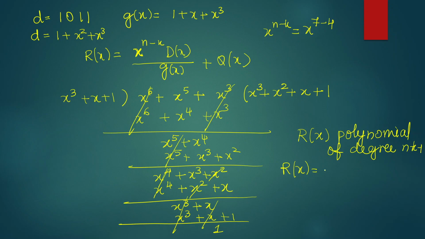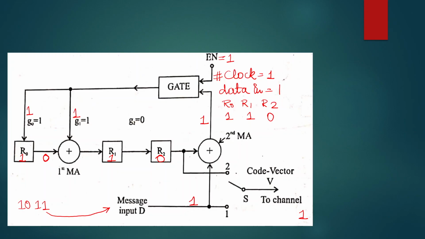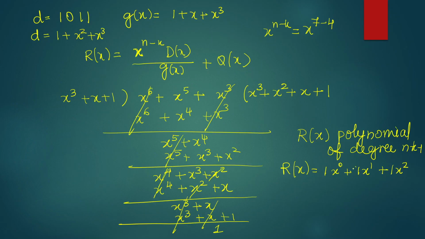So you can write this as 1 into x power 0 plus 0 into x power 1 plus 0 into x square. N minus k is 3, minus 1 is x square. So therefore the r in bits is 1 0 0.